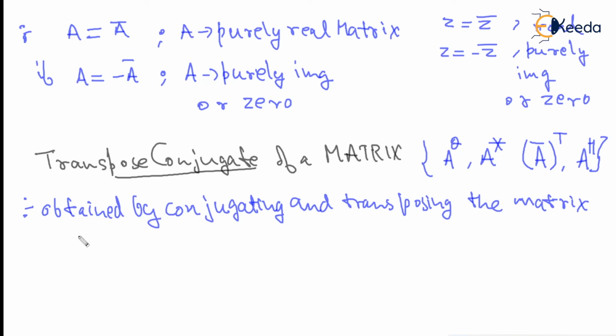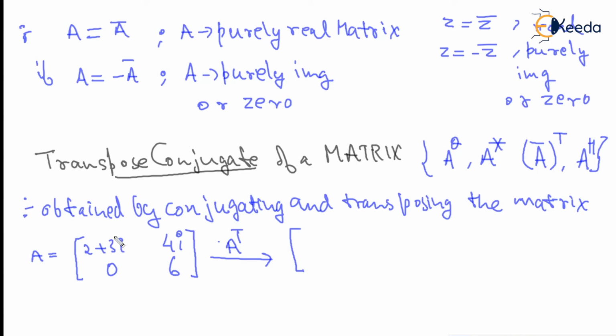Let's say we take an example, 2 plus 3i, 4i, 0 and 6. I think this was the previous one, maybe, I don't remember. If this is A, and we transpose this first, the rows become columns.